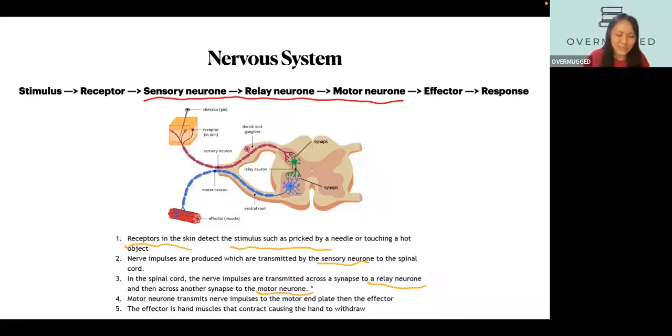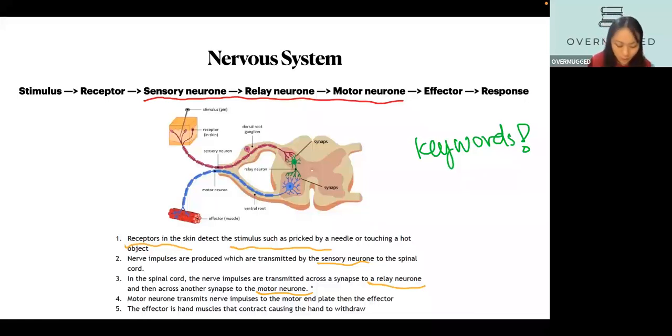Why? It is going to be the same thing. Basically there's a stimulus, there's a receptor, and then there will be sensory, relay, motor, effector, response. All of these are always the same. So even if you see a super weird question, just stick to the keywords. I think today your biggest takeaway will be keywords. You must get the keywords right.